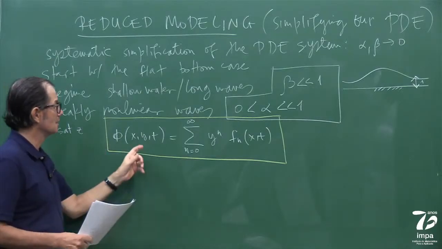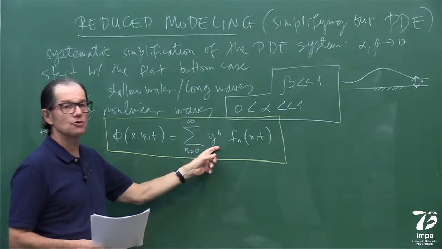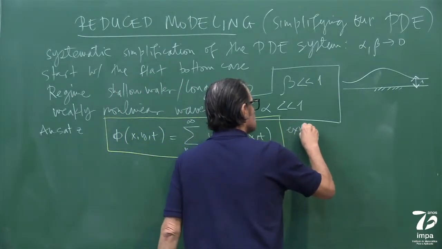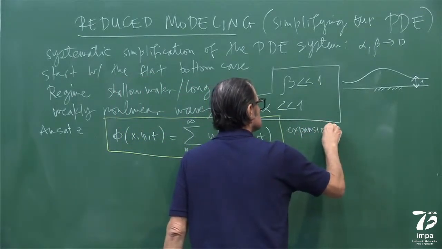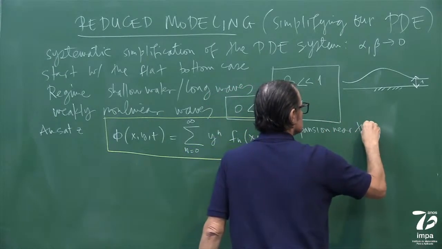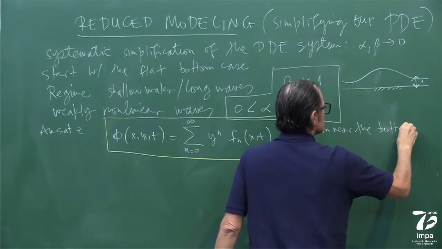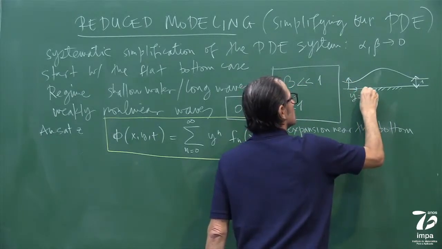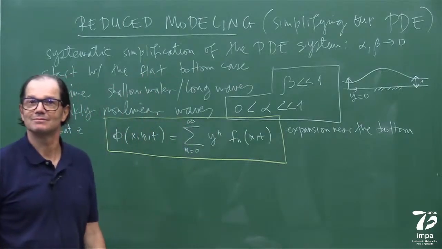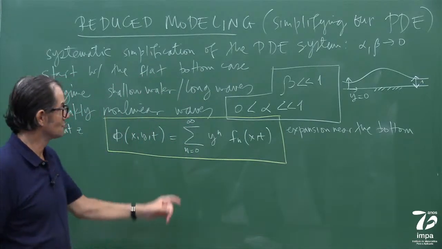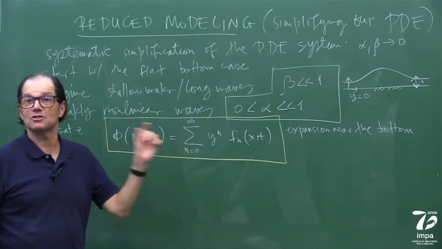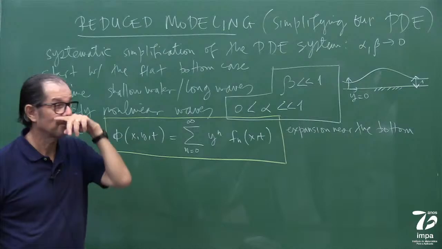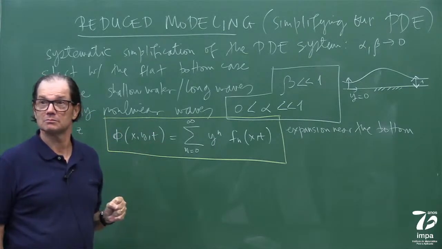So this is an expansion near the depth, near the bottom. Because look, the bottom is y equal to 0. Right? So I'm doing an expansion for y, say small, at least smaller than 1, right? Near the bottom.